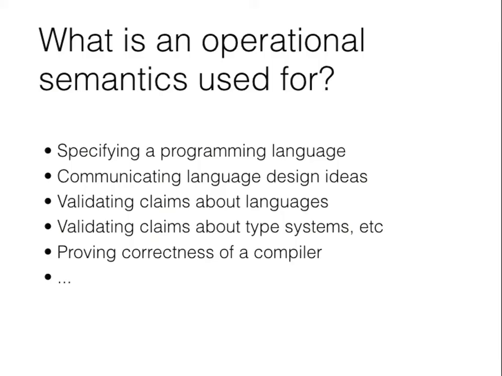And related to that, they're used for validating the claims that we make. Claims about languages, claims about type systems, things like that. If we want to do things like prove a compiler's correct, we need an operational semantics, or a semantics, but I'm going to focus on operational semantics today.